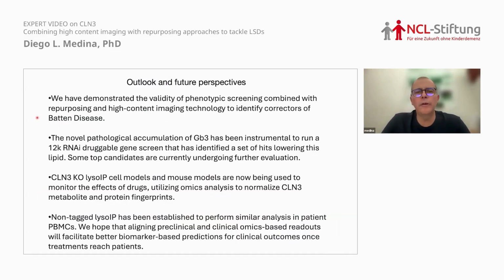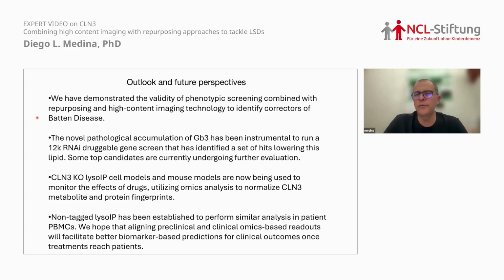So the outlook and future perspective of my presentation are summarized in this final slide. We have demonstrated the validity of phenotypic screening combined with repurposing and high-content imaging technology to identify correctors of Batten disease. The novel pathological accumulation of GB3 has been instrumental to run a small interference RNA screening that identified a set of hits lowering this lipid accumulation, and some top candidates are currently undergoing further validation.